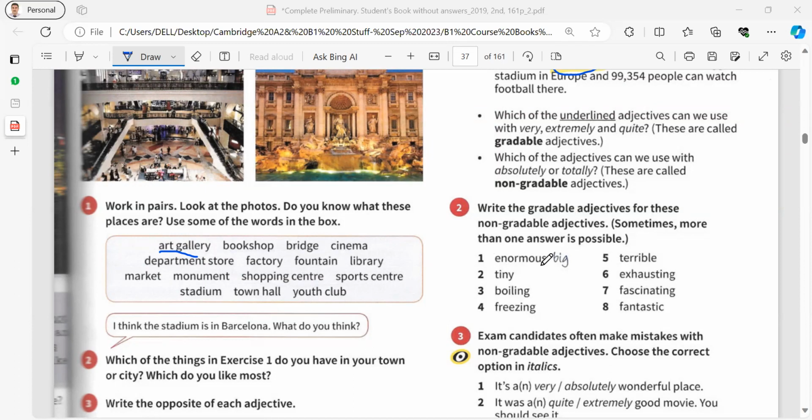Enormous. Big. Nawaf, are you with me? Nawaf. Yes, teacher. Can you hear me? Yes, I can hear you. So, enormous means big. Right? Tiny, small.